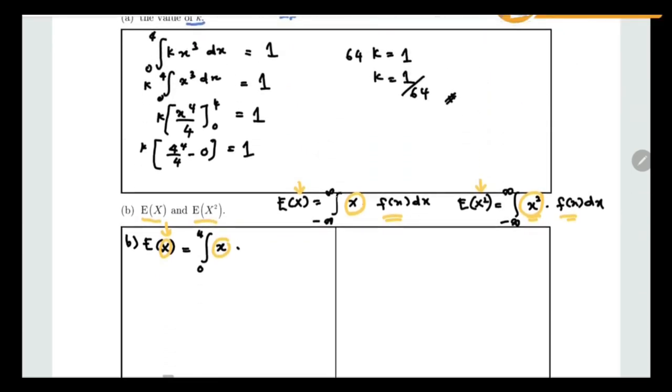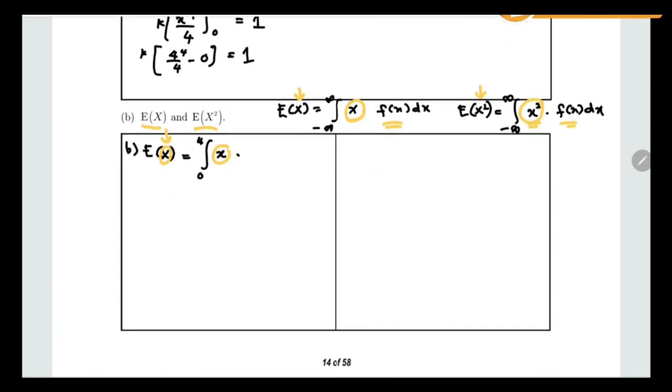The function f(x) given is kx cubed. Then we substitute the value of k, which is 1 over 64, so f(x) is 1 over 64 x cubed. So we substitute here x multiplied with 1 over 64 of x cubed dx.